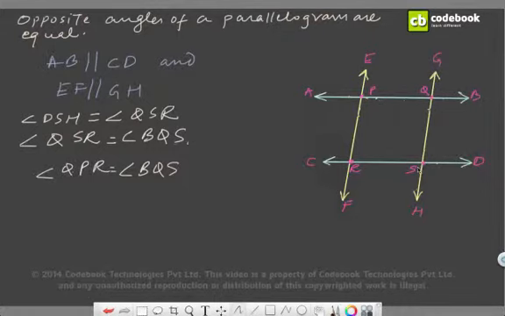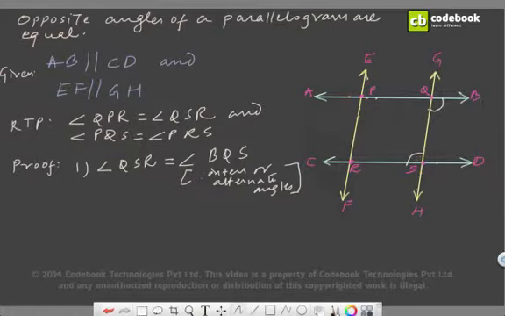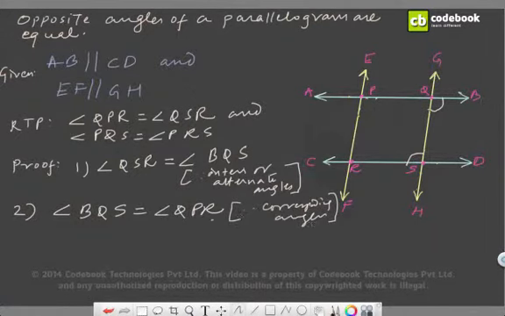We know that angle QSR is equal to angle BQS because they are alternate interior angles. AB and CD are parallel, GH is the transversal. So these two angles are alternate interior angles, and by the theorem these two are equal. We also know angle BQS is equal to angle QPR based on the corresponding angles axiom.